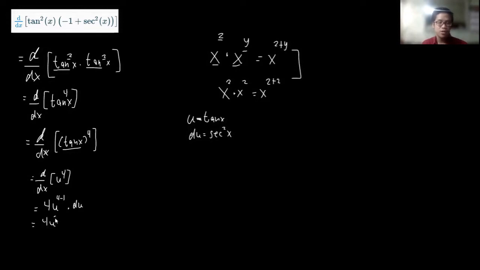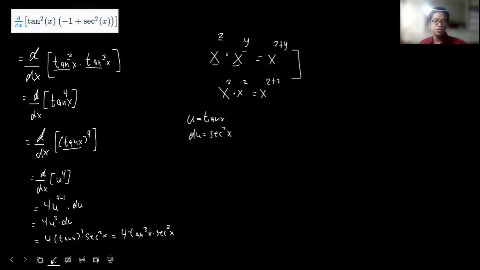So you have 4u raised to 3 times du. So your answer here is 4 times your u, which is tangent x, raised to 3, times du, which is secant squared of x. So I can rewrite this one as 4 times tangent cube of x times secant squared of x. This could be my final answer, but I can simplify this furthermore.